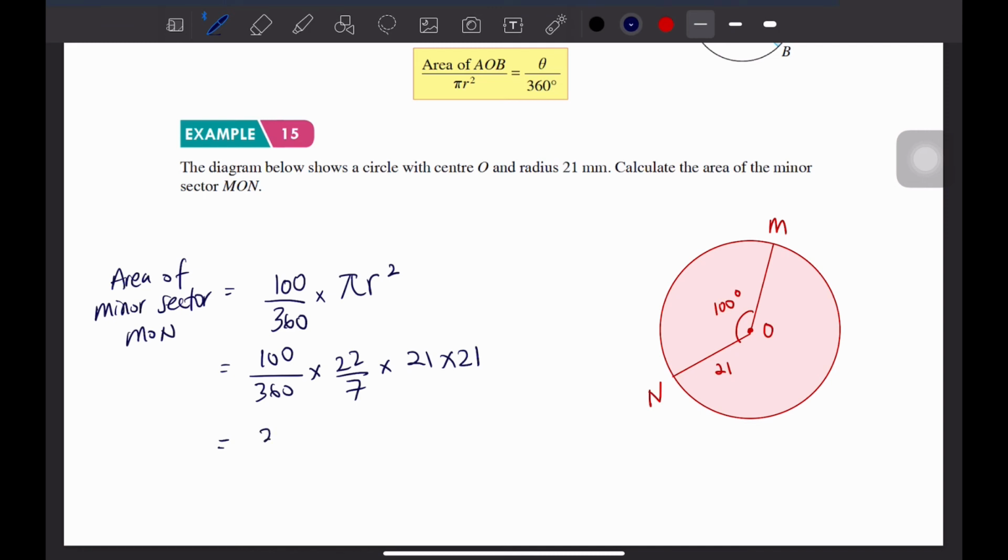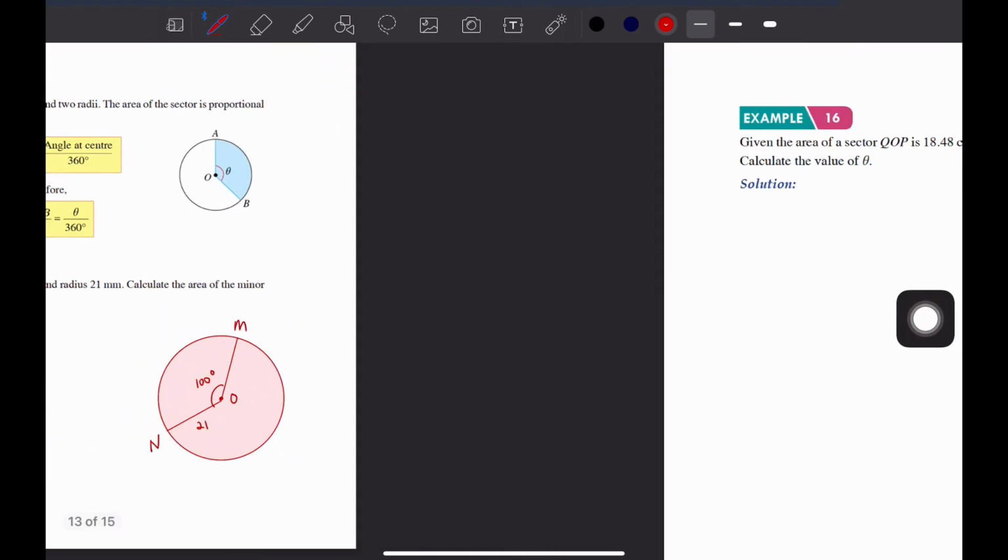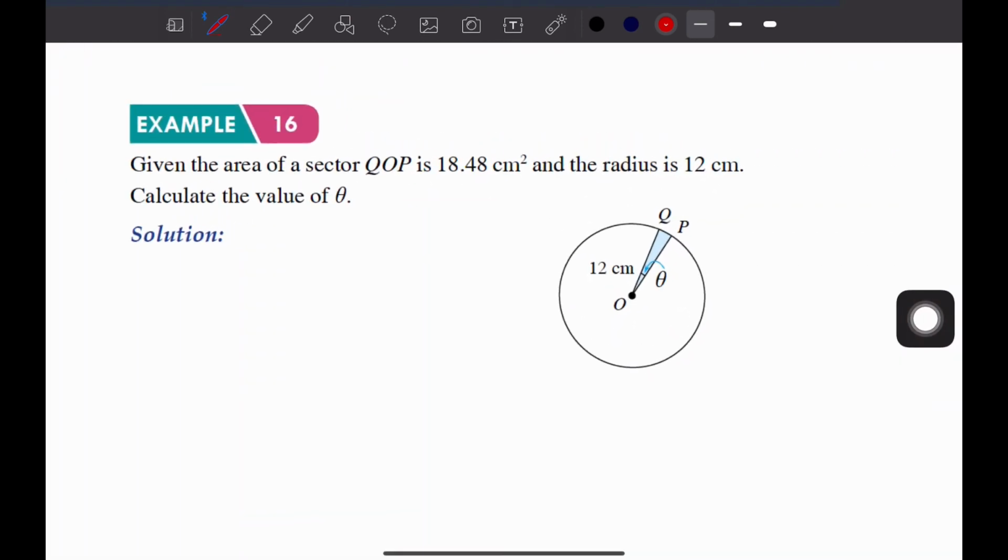So the answer is 385 millimeter square. Actually this part you can write it as 21 square, no problem, but I love to write it this way. Okay, next, example 16.